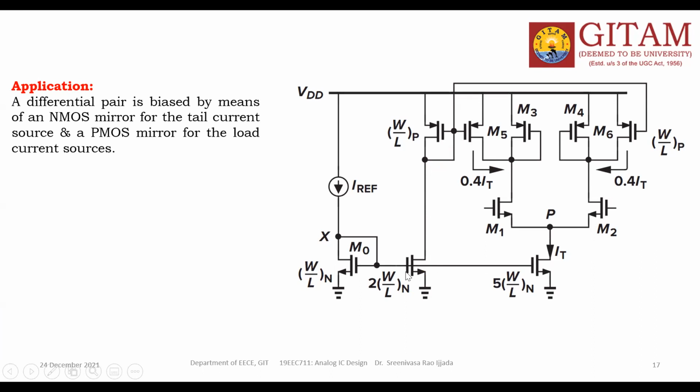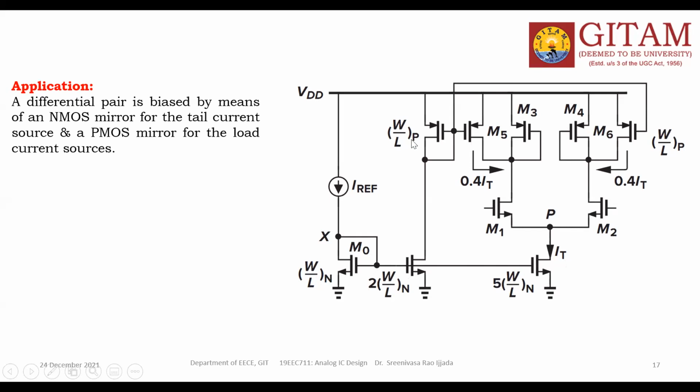Then you can call these three in a different way, because we know this is a circuit where we already said this is M1, M2, M3, M4, M5, M6, then M7, M8, M9. So this is the W by L. What is the ratio of these two? This is twice of this one.